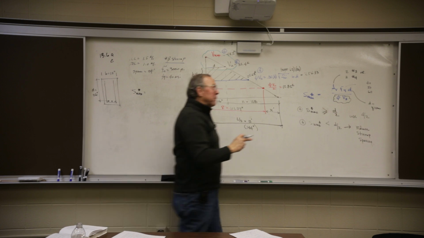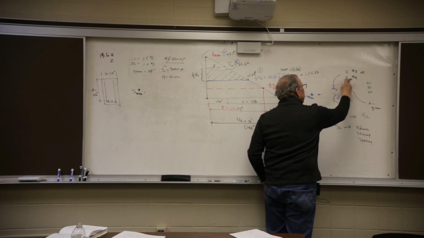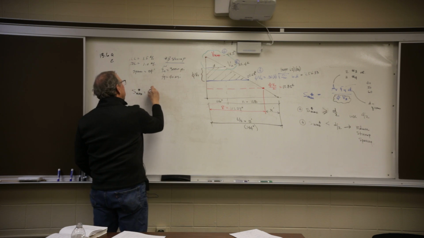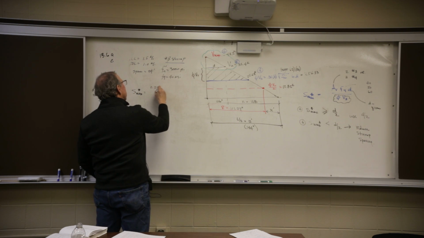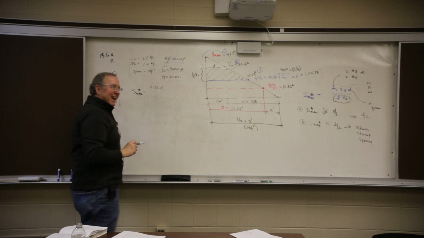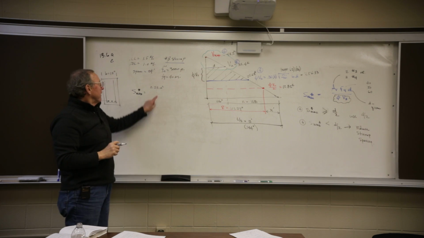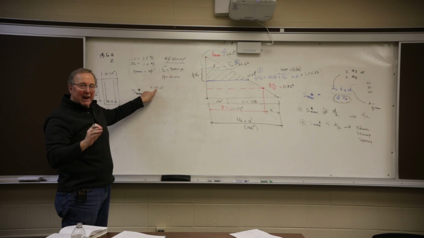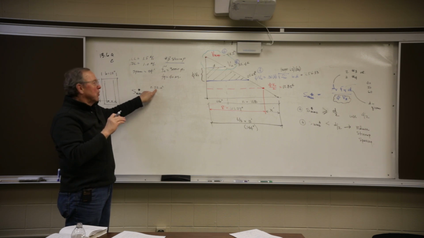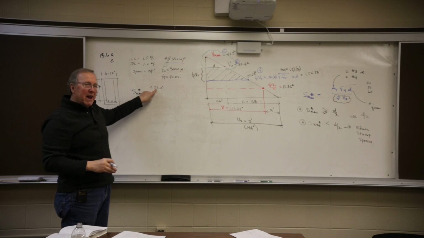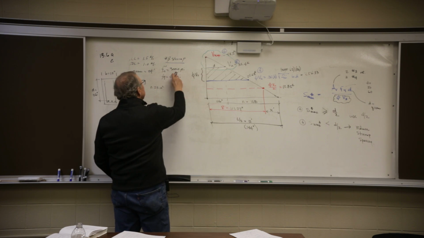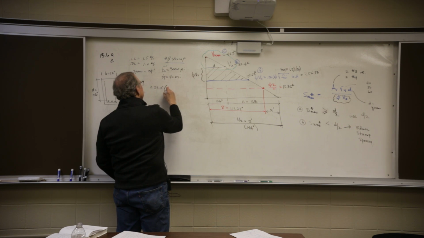It's either going to be 2 number 3s or 2 number 4s. We just said we're using number 3, so that's 0.22 square inches. On a test, this is a very, very common error right here. A lot of people put in the 0.195. It's not what you think you need, it's what you have. We have 2 number 3s. So 0.22 goes there, Fy, 40,000.